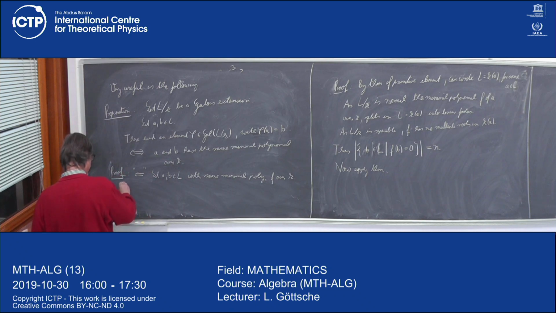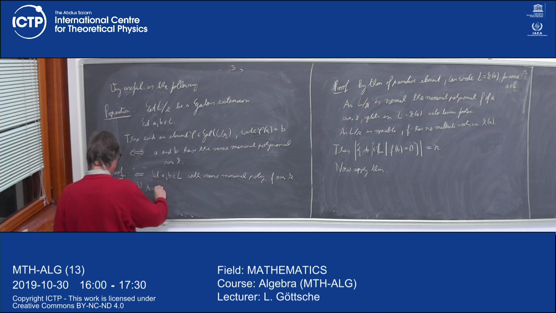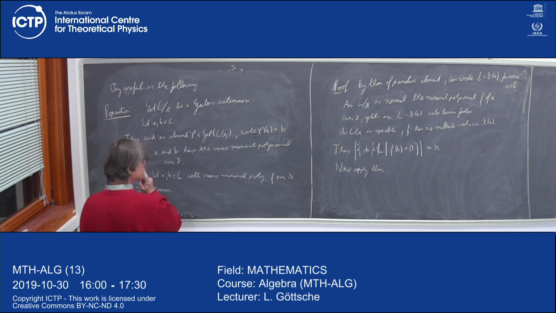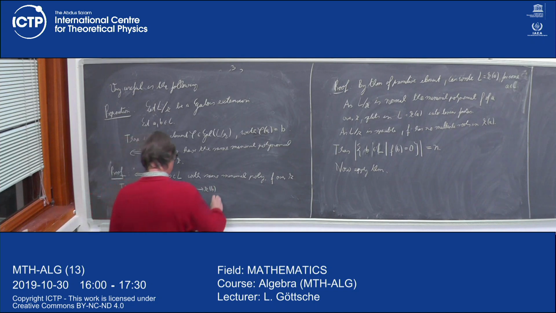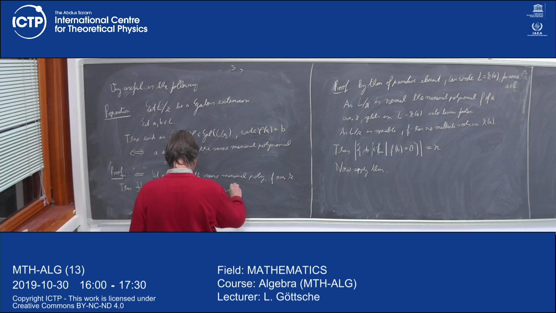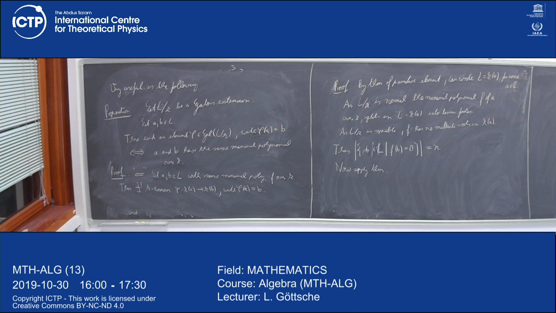So then there exists a unique K-homomorphism, say psi from K(A) to K(B), with psi of A equal to B. This was the extension to simple algebraic extensions.